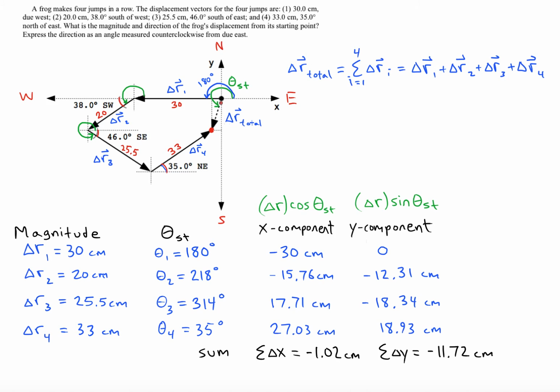So these are going to be the horizontal and vertical components of that final resultant vector. All right, so we should be able to now say what our final R total is going to be. It's going to be negative 1.02 centimeters, comma, negative 11.72 centimeters. That's component form.